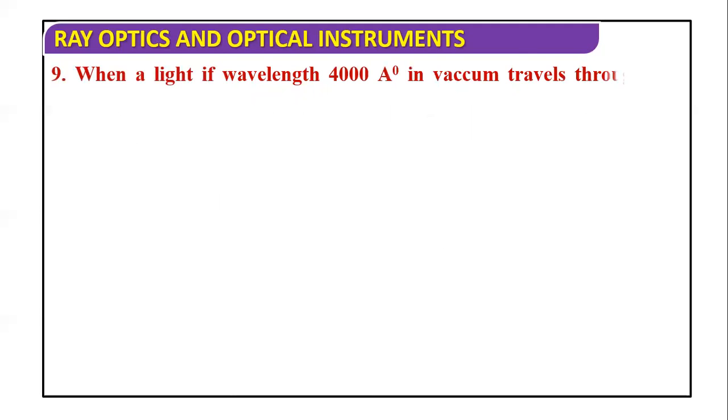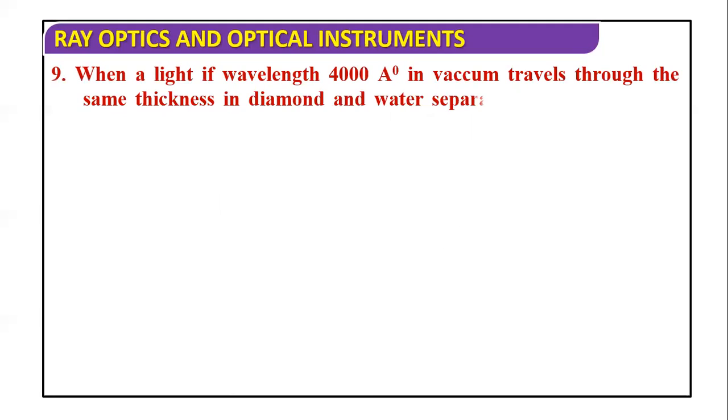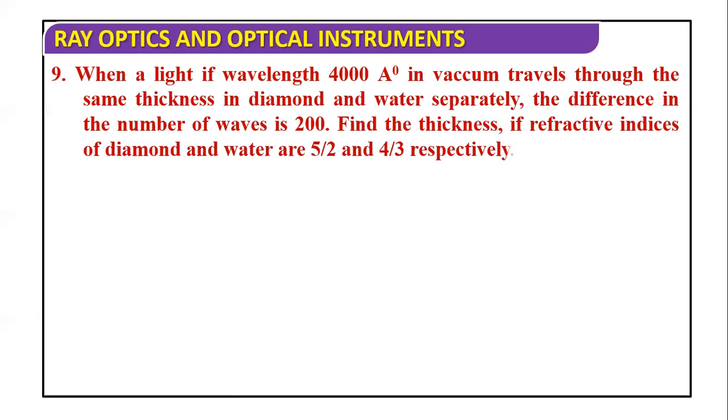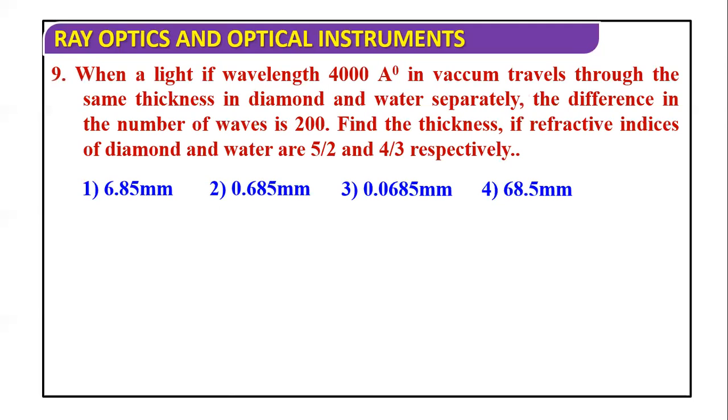Next question. When a light of wavelength 4000 angstrom in vacuum travels through the same thickness in diamond and water separately, the difference in number of waves is 200. Find the thickness if refractive indices of diamond and water are 5 by 2 and 4 by 3 respectively.